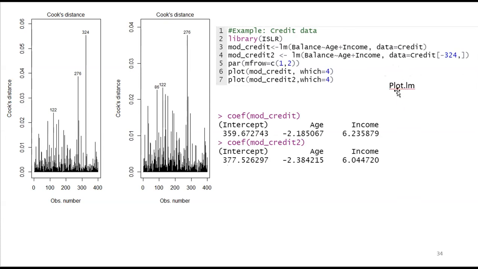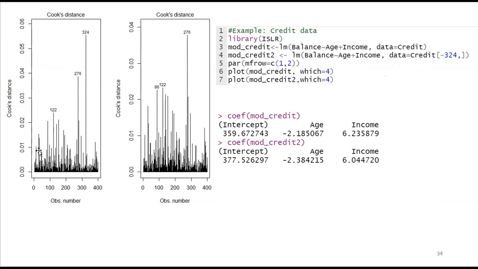That tells you it's a plot function, but for the LM function, which is different from plot on its own. The which argument here tells me which of the 6 plots I wish to display. It turns out, if you look at the documentation, that the fourth one returns the Cook's distance.